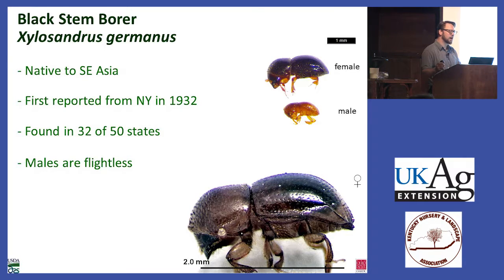Since that point in time, it's now found in 32 of 50 states. The males are flightless. You can see the male here. So it's the female that's making the decision on which trees to attack, and it's also the females that are important for identification purposes. Can you see okay?